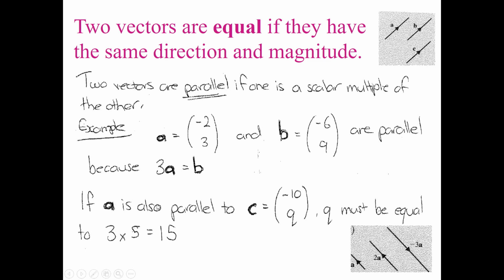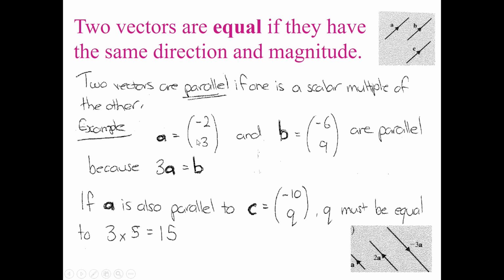Let's say a is also parallel to c, where c could be -10 and q. Imagine the question stated that a and c are parallel. You could work out what q is. Going from a, what do we multiply the x component by to get -10? We have to multiply it by 5.